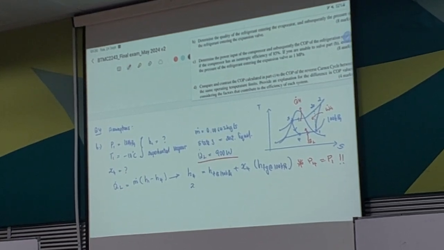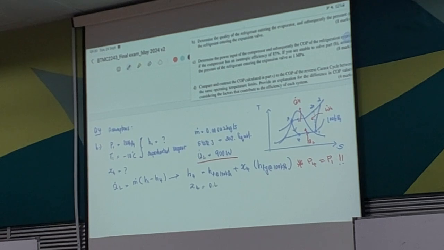So from here, you can get X4, and the X4 value should be about this.